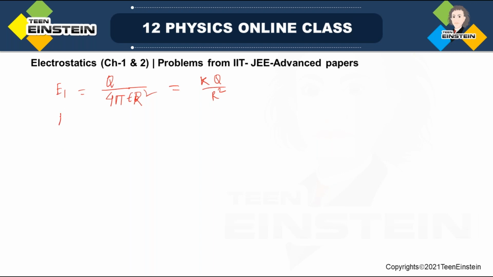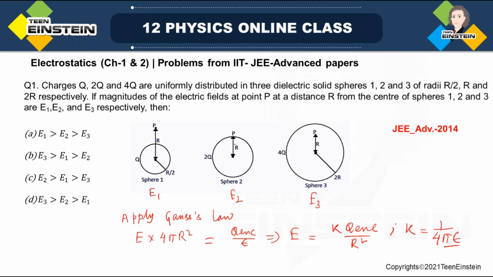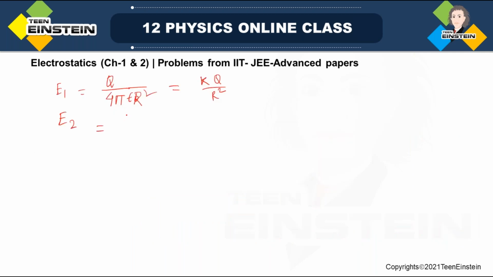What about E2? Similarly for E2, it has radius r and the point is on the surface. So I can just write the charge enclosed to be 2q, k2q by r square. That means it is 2kq by r square, that is, 2 into E1.